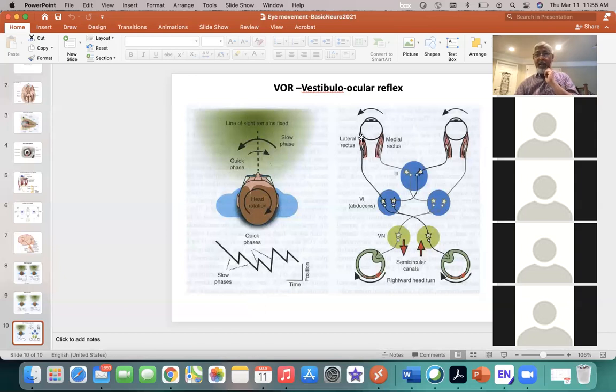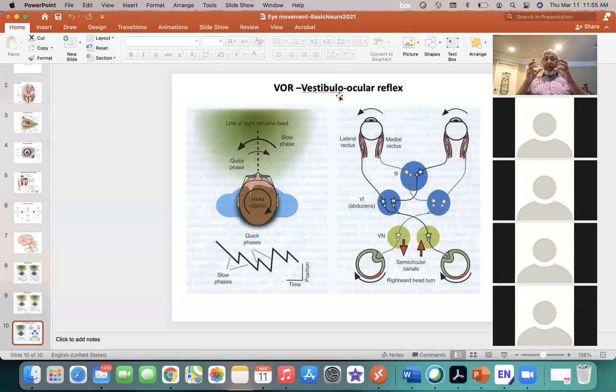So for this eye, lateral rectus will contract, so it will move laterally. For this eye, the medial rectus will contract, which means third nerve, medial rectus is third nerve. So this eye will move in the medial direction. So one is moving laterally, one is moving medially, and by doing that, they are keeping the object in focus. And this is how the VOR, the vestibulo-ocular reflex, works.